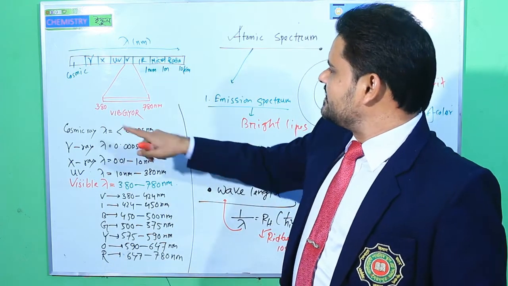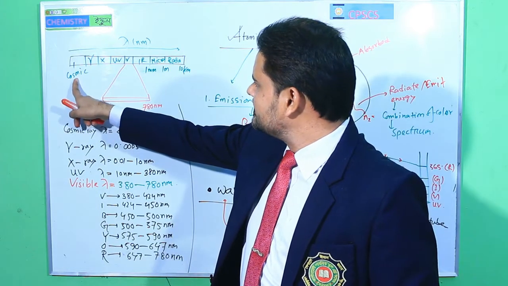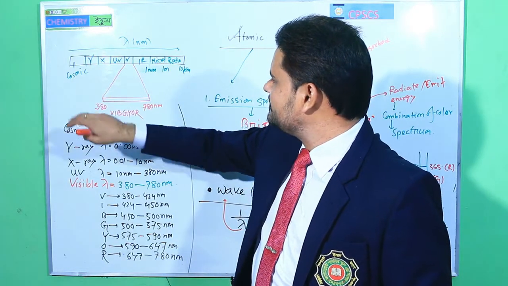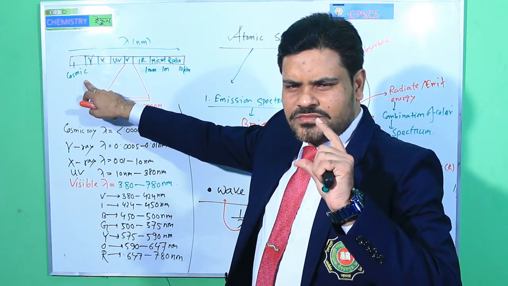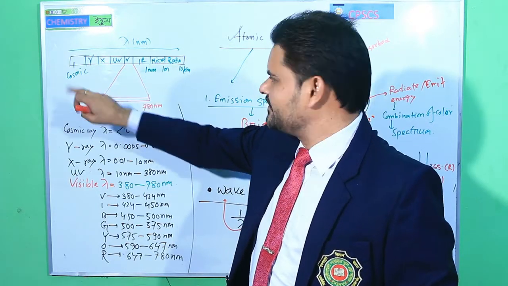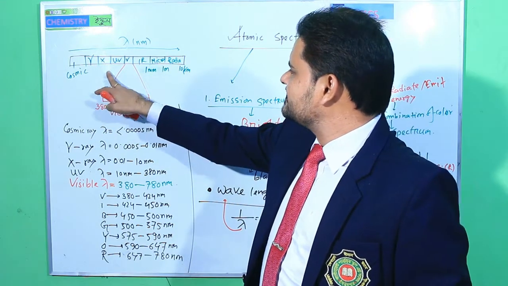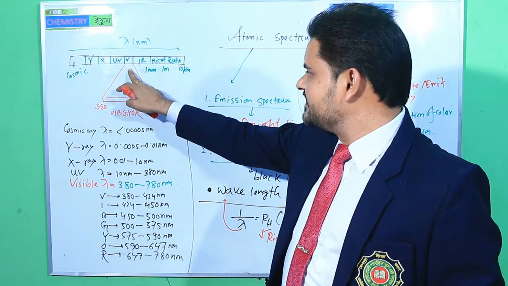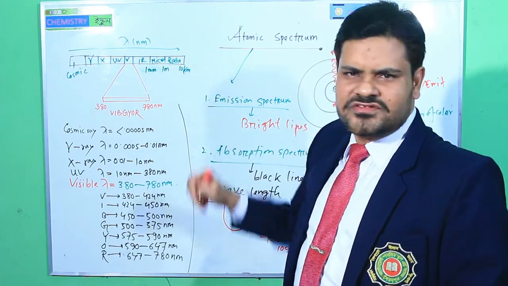Look at this, dear learners. This is the scale. Lowest spectrum wavelength, which wavelength is lowest here: cosmic ray, and accordingly in increasing order, gamma ray, X-ray, ultraviolet ray, visible ray, infrared ray, microwave, and radio wave.